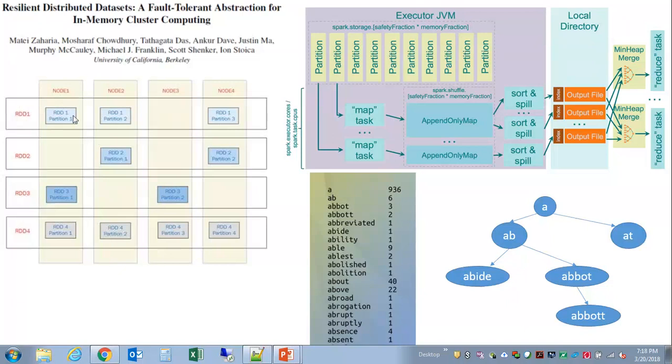So you no longer need to think of these things as individual blocks or replicas distributed across the nodes, but as a data structure, just like an array or a list, or a vector. An RDD is a data structure.